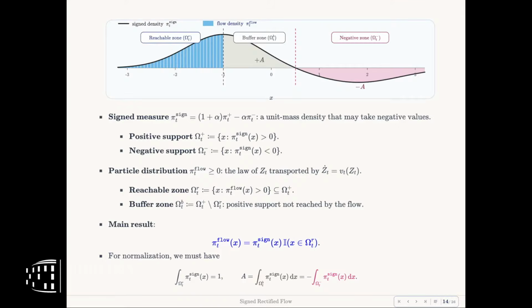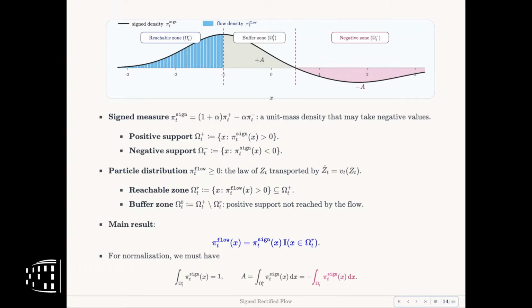Because it always has positive support, I'm going to define the reachable region of the ODE, which is essentially the support of the ODE process, to be omega r. It's actually a subset of the positive support, and there will be another buffer zone near the boundary that the particles will never reach.